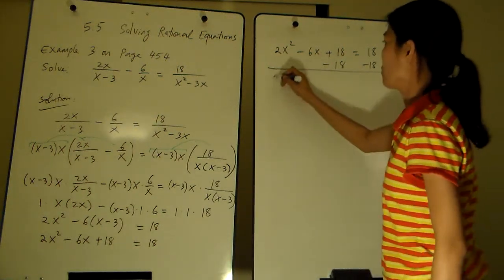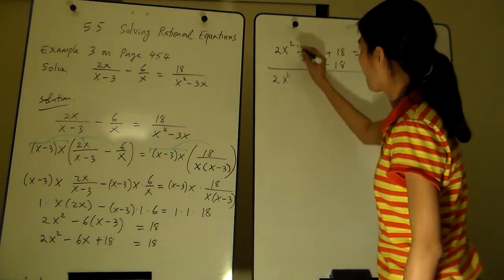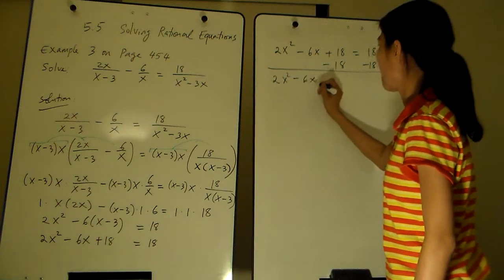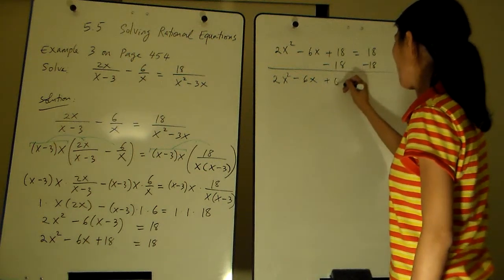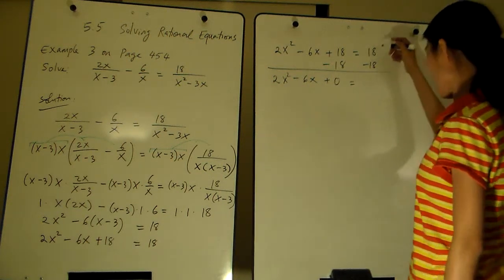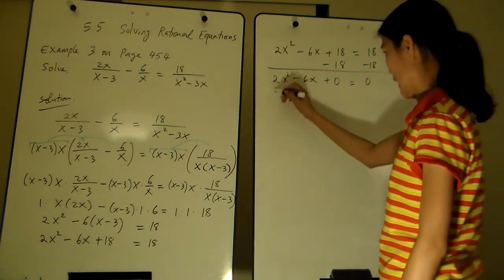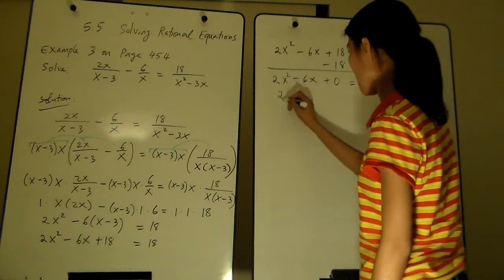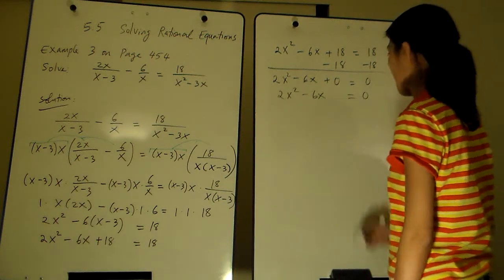Then I'll get 2x squared minus 6x. Positive 18 subtract 18 is 0. This 18 subtract 18 is 0. So I can actually simplify this to 2x squared minus 6x equals 0.